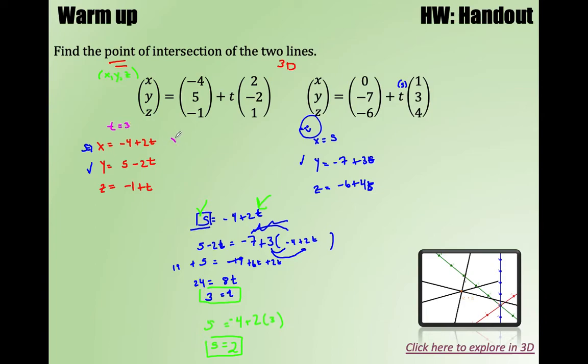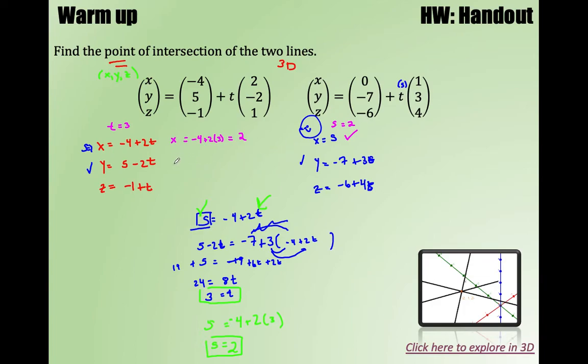So x is equal to -4 plus 2 times 3. Hey, I feel like I've done this before. Oh, right, of course. x is going to be 2, and that makes sense. Check, because x is supposed to be s, and what did I find s to be? s was 2.